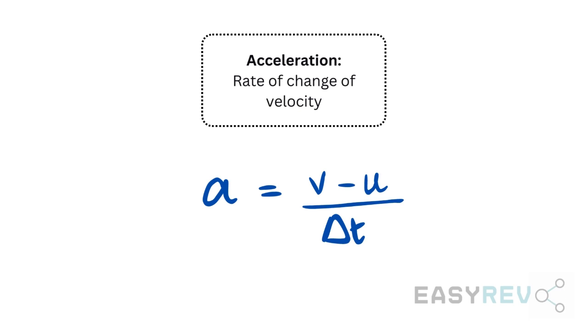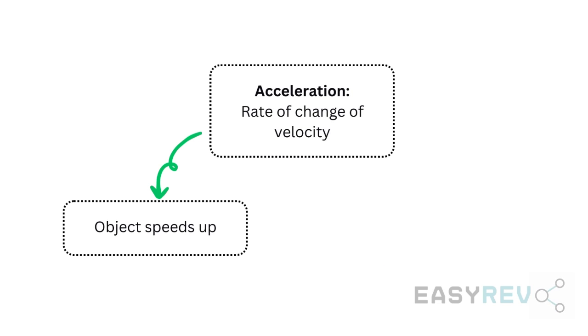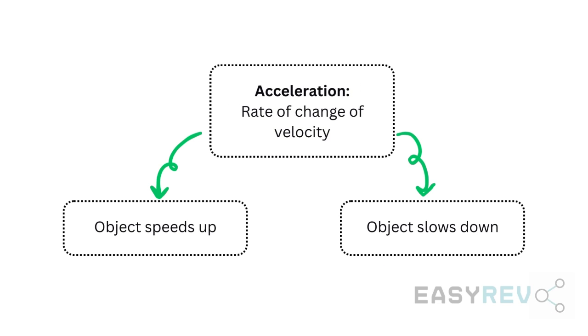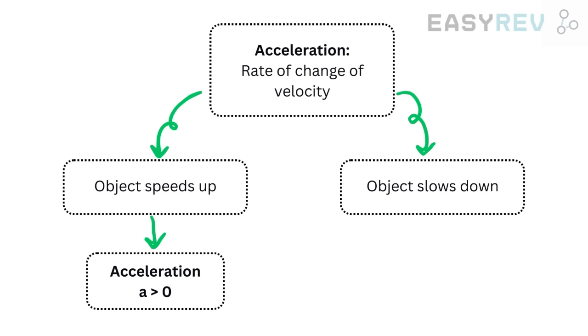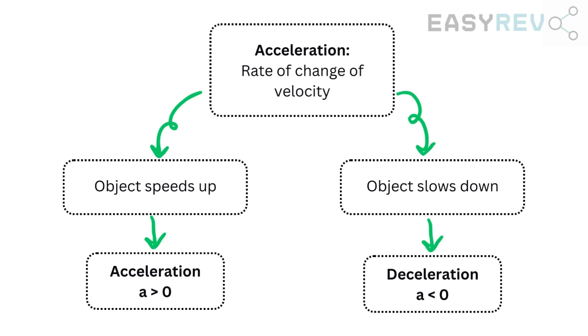Now, when it comes to a change in velocity, it implies that we're talking about two kinds of changes. Either the object would speed up or it would slow down. If the object is speeding up, then we're talking about regular acceleration where velocity increases, and there the value of acceleration is always positive. On the other hand, if the object is slowing down, that's when its velocity is decreasing, and this time acceleration will be negative, and that's what we call deceleration.